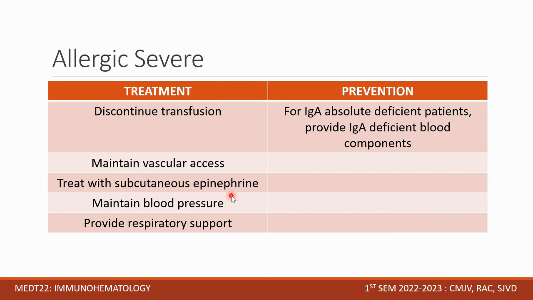So, importante yung epinephrine. So, maintain blood pressure and then provide respiratory support. Okay? So, for severe allergic reactions, for IgA absolute deficient patients, dapat IgA deficient blood components lang din yung itatransfuse to prevent the allergic reaction. So, IgA deficient blood component.